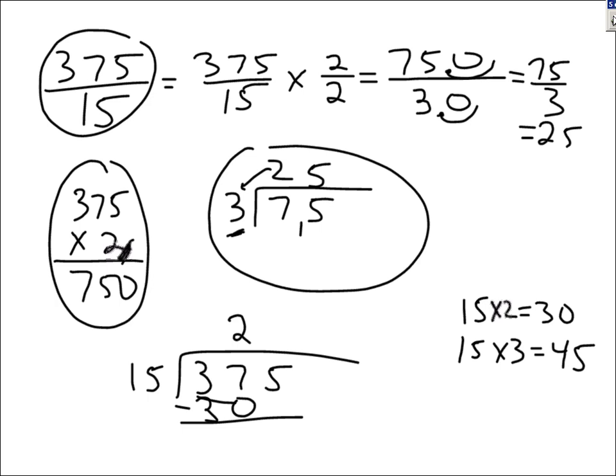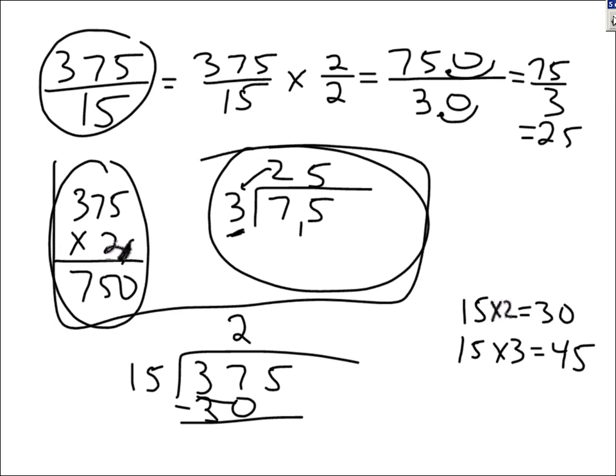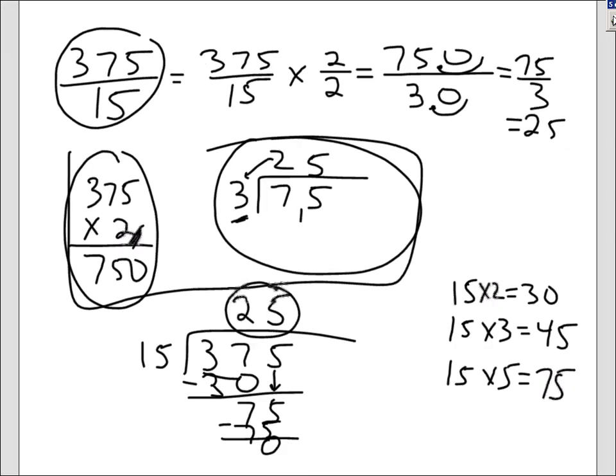For the record, I was done doing this by now. When you take away 30, you get 7. You bring down the 5, 75. And a lot of students don't know the 15 table. But 15 times 5 is 75. So when you take away 75, you get 0 as the remainder, and there's the answer. Just like we got before.